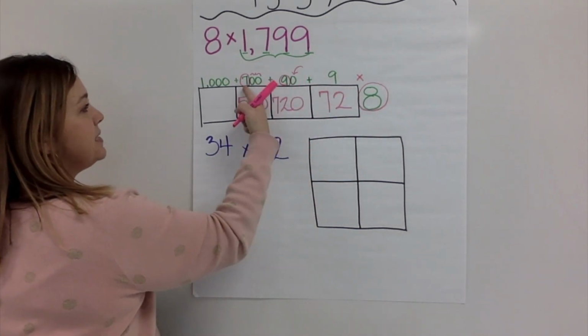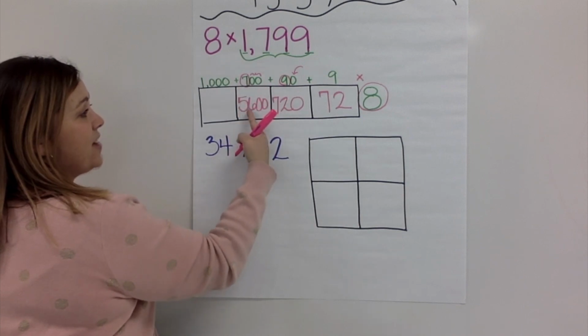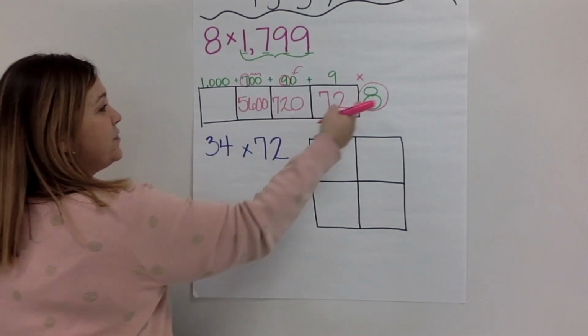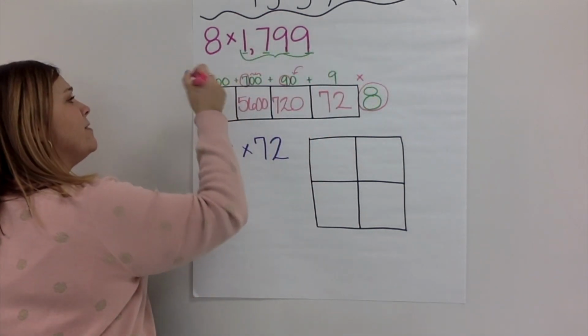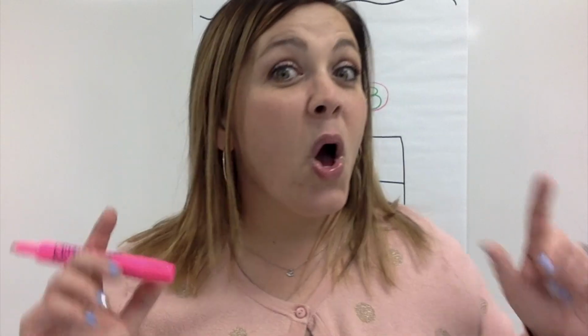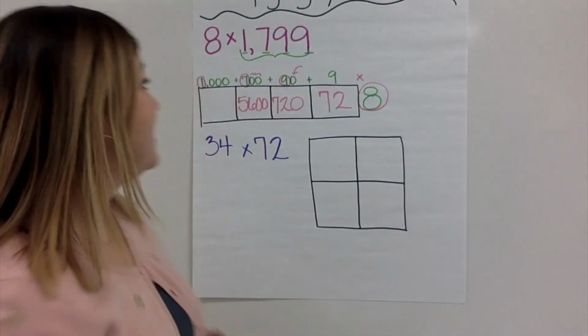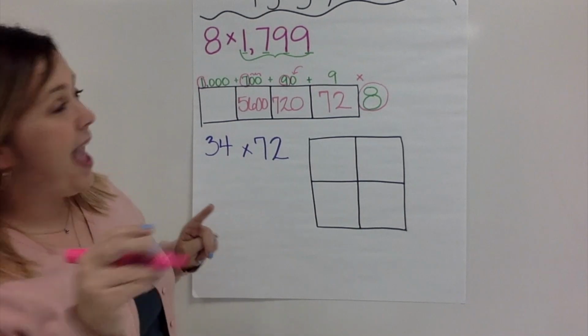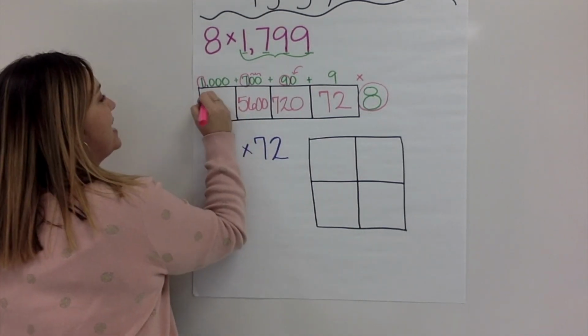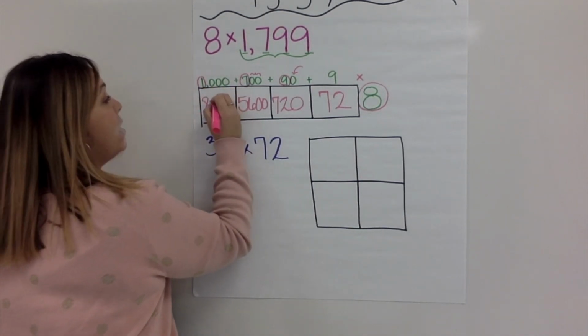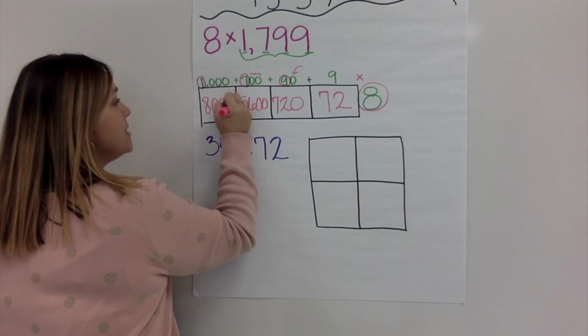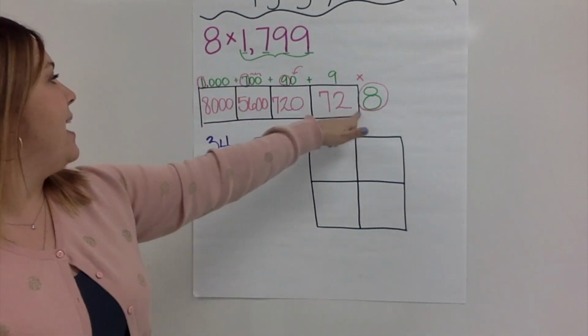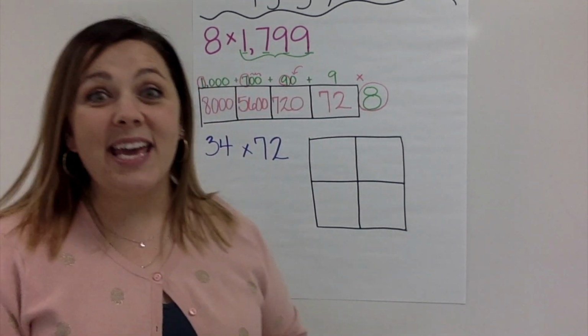So 8 times 700 is 5,600. And finally, we have one more value to multiply here. Hopefully you know that 8 times 1 is 8. So we're going to write that 8 here. And since we're multiplying by thousands, we have 3 zeros to put there. 8 times 1,000 equals 8,000.